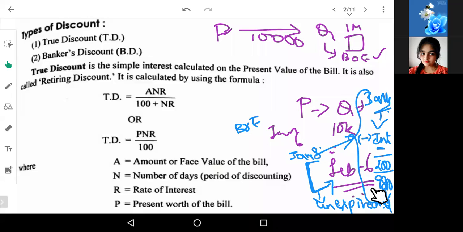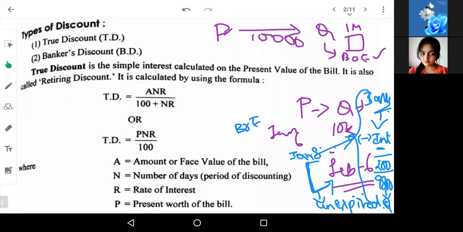The 200 is deducted from Q, correct? So it is an expense for Q because he immediately wanted cash. He was supposed to receive money after 1 month. P was supposed to pay him after 1 month. But since he immediately wanted cash, he went to the bank and got it discounted. And because he got it discounted immediately, that is why the 200 has been deducted.